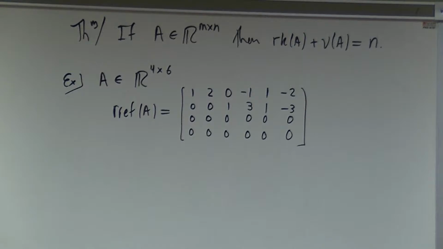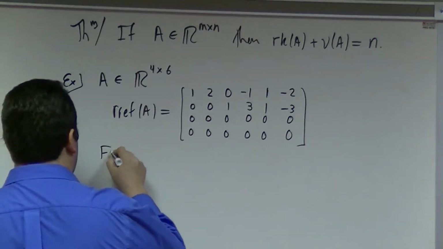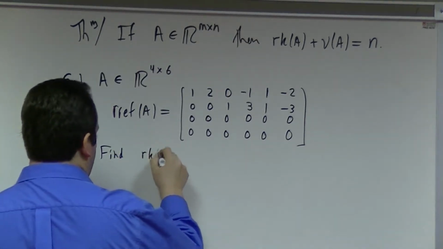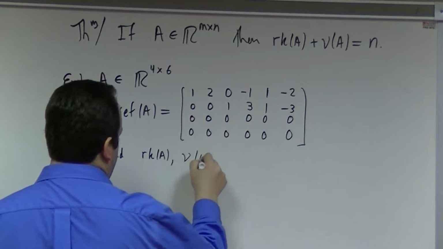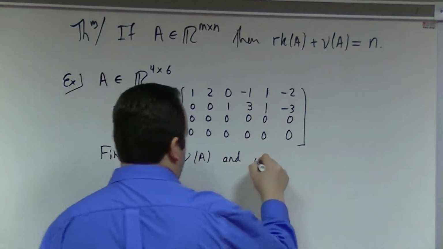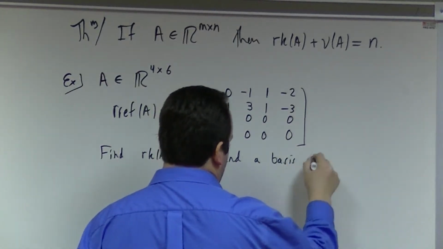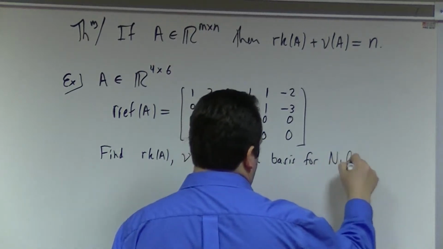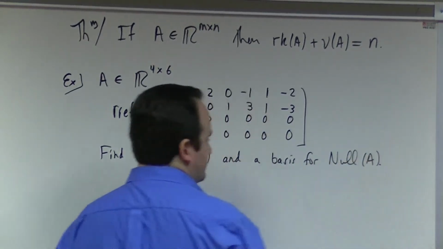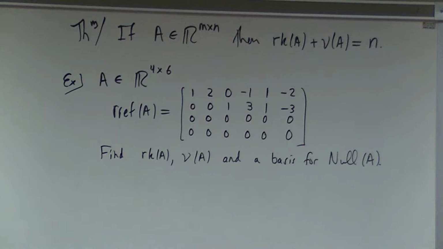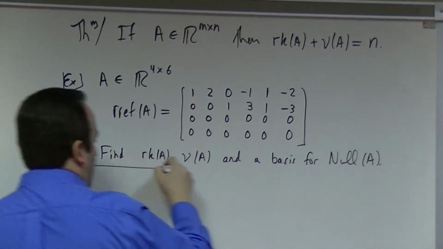What's the rank and what's the nullity? I want us to find the rank of A, the nullity of A, and a basis for the null space of A. In order to find the rank or the nullity, you find one and then subtract from the number of columns to find the other.